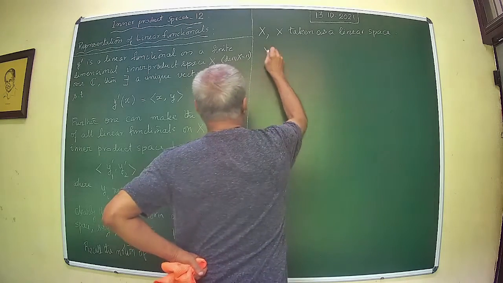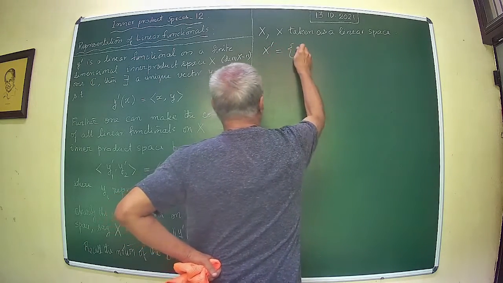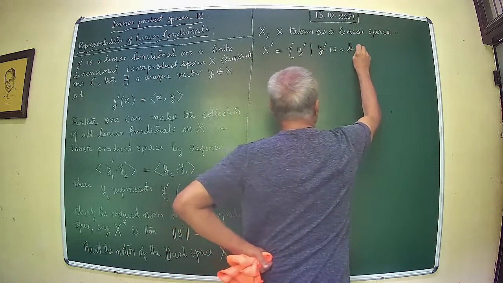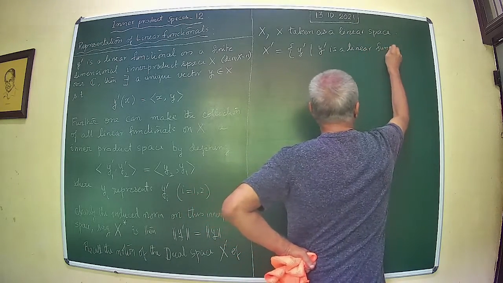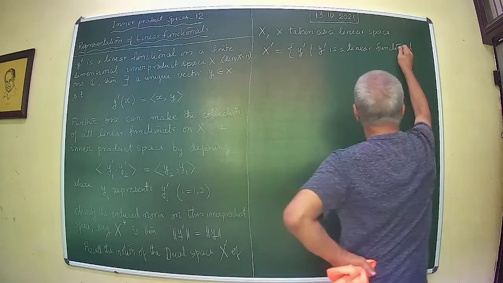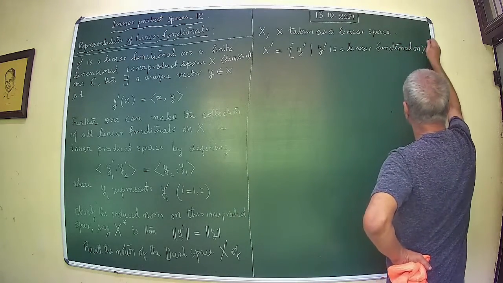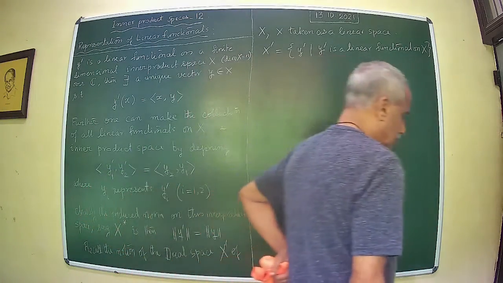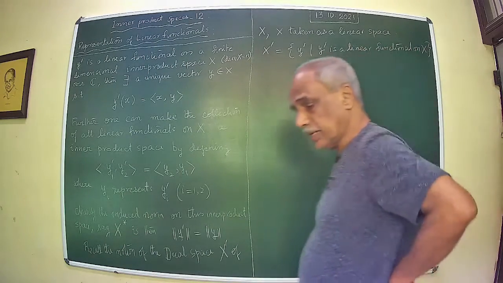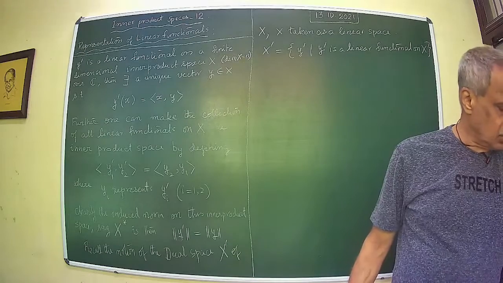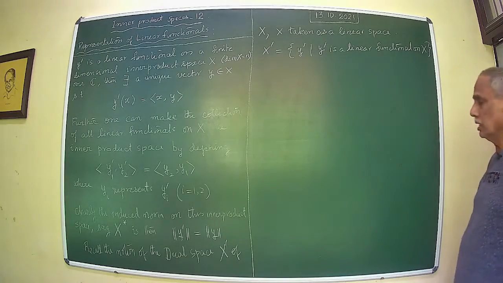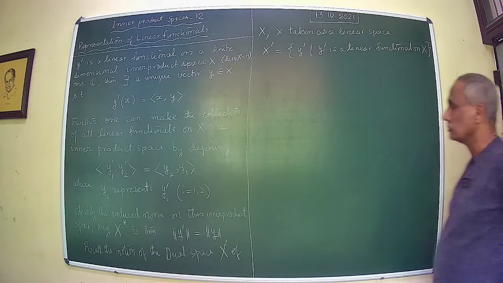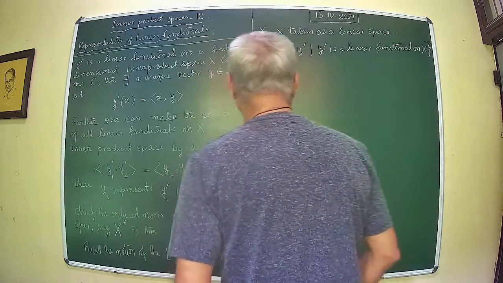X prime is the set of all y prime. We are confining ourselves to complex vector space, whereas this concept can go far beyond that, because you can talk about any linear space over any field and then talk about the dual space. Okay, but you can't talk about the inner product.